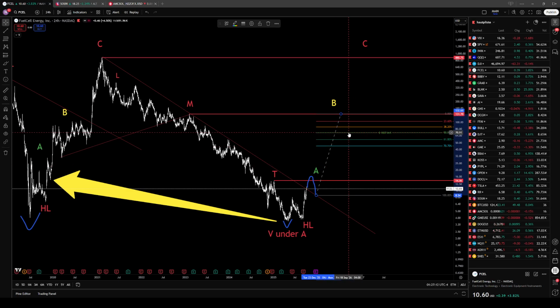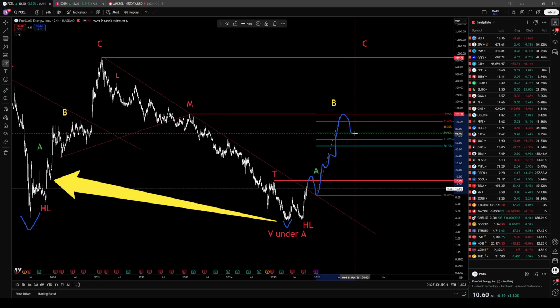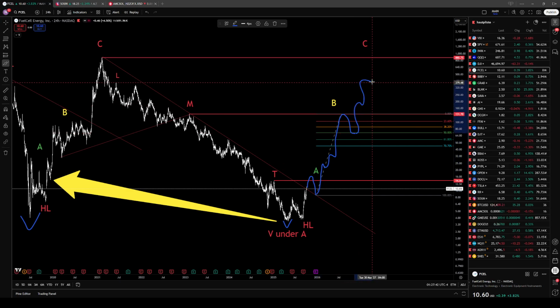Your B pullback depends how you put your settings on the fib retracement, but it's the 50% or the 0.5. So after that, you go to B, get your peak, pull back to the 0.5. Also can be a little bit higher, a little bit under, but the fib retracement should be quite exact. And then you go up to your C.